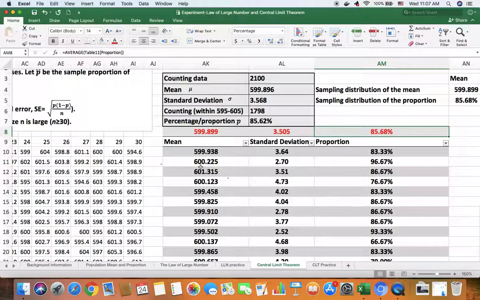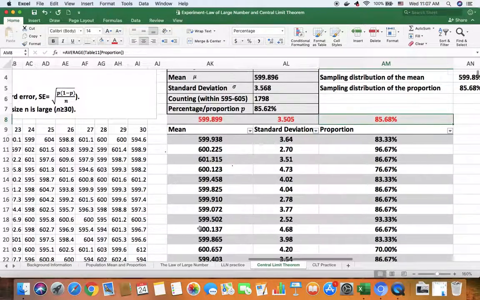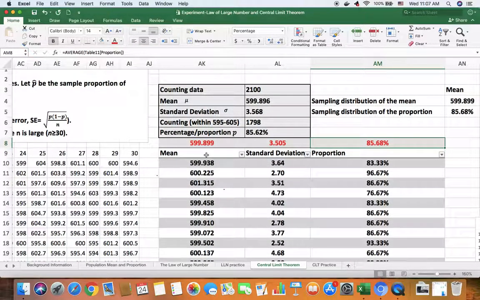Theoretically, if we list all the possible samples here and calculate every sample's mean, standard deviation, and proportion, maybe 1 million, 10 million samples, and then we calculate the mean of each of these three columns, this value shall be exactly equal to the population mean.